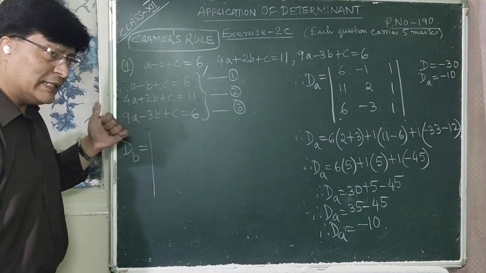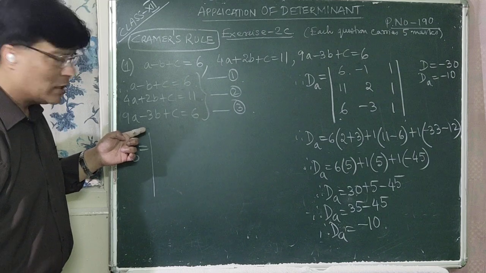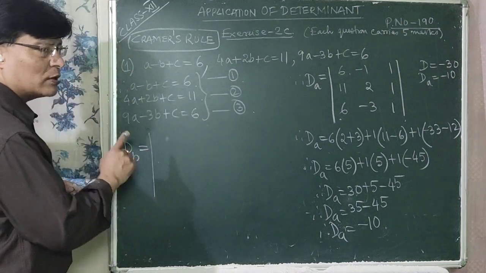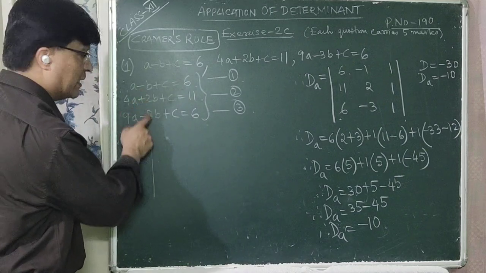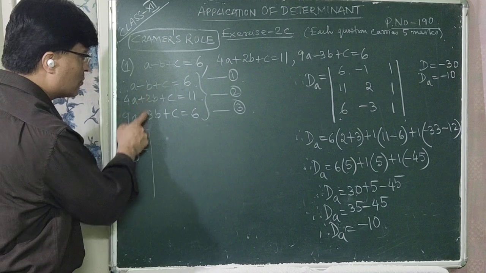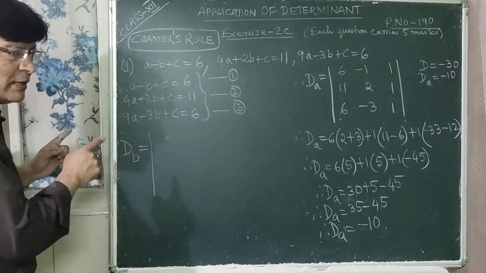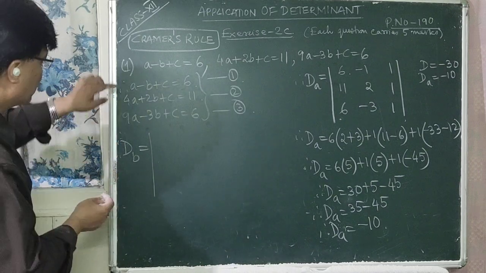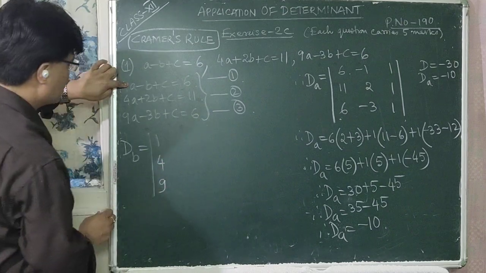Now in determinant D, that second column were the coefficients of B, right? Now this column should be replaced by the constants 6, 11 and 6, keeping the first column and third column the same. What is the first column? 1, 4, 9 is the first column.